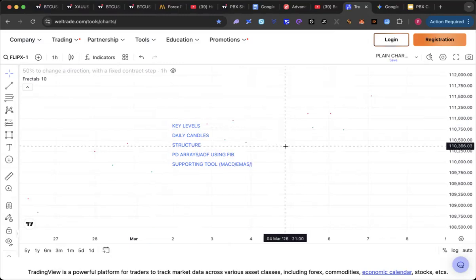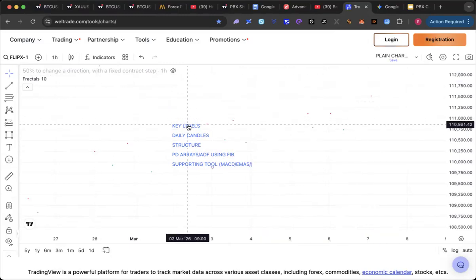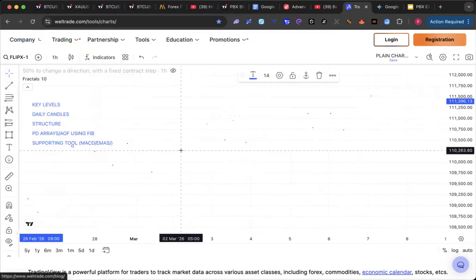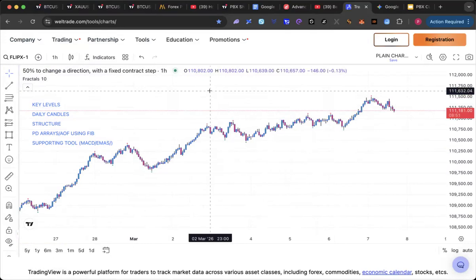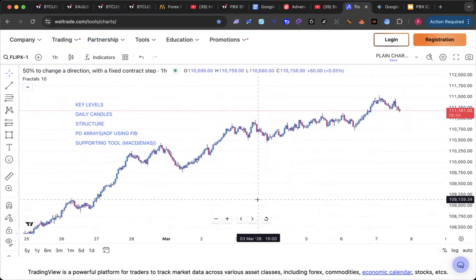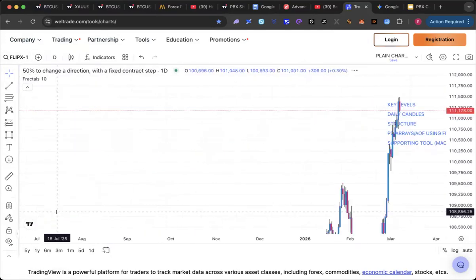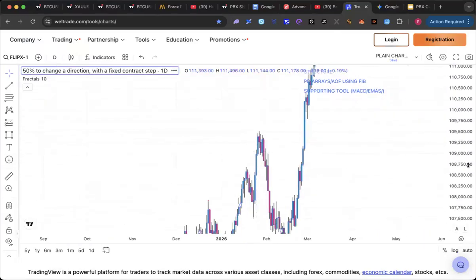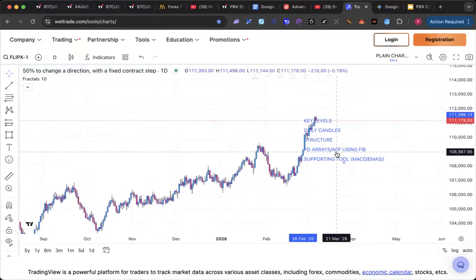All right, so let's go quickly. Let's enable the candle. So I take my favorite. If you're a beginner, always trade with the flips compartment. So let's go to daily. When we go to daily, it's very simple.